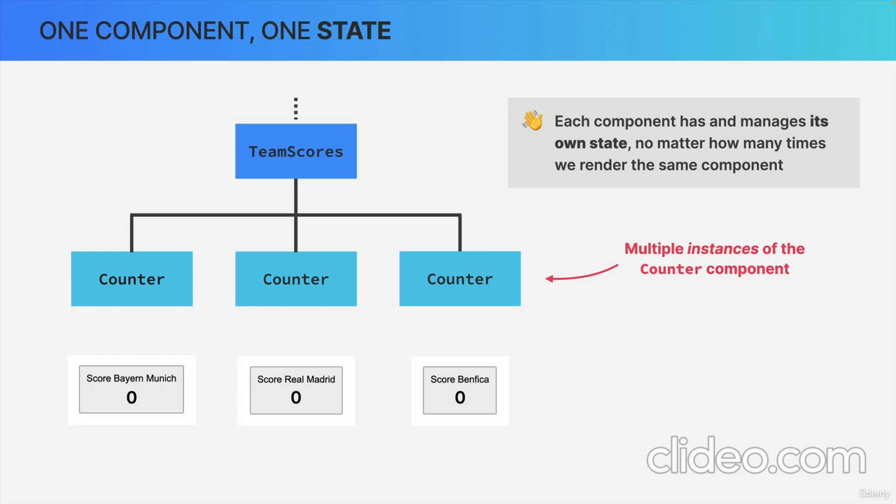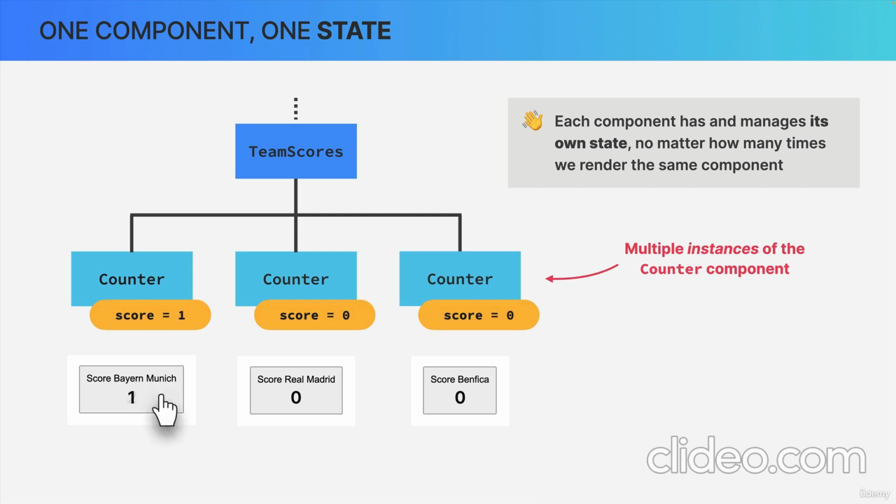In this example, the 3 counter components all start with a piece of state called score, which is set initially to 0. Then, if one of the buttons is clicked, that increases the score by 1 for each click, but only in that component. The state in all the other components stays the same.